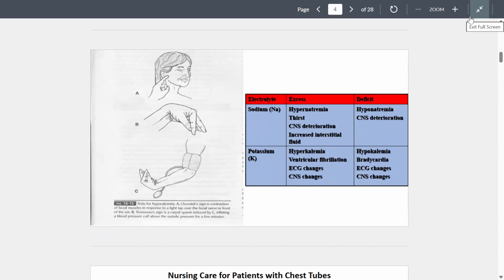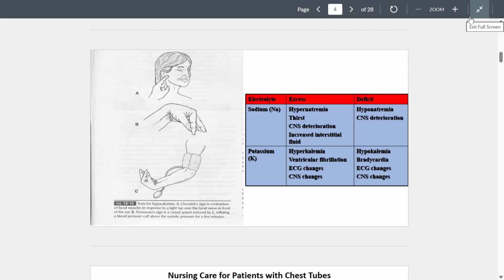These signs make sure that you can identify the manifestations of hypocalcemia, like the Chvostek sign and Trousseau sign. The potassium, hypo versus hyperkalemia.